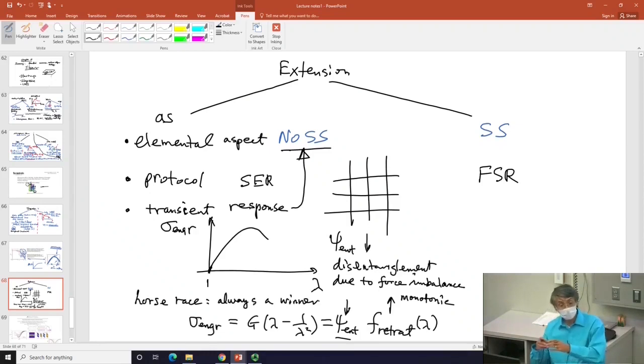Because the different elements are connected in series. So once something weakens, there's no way you can help it.